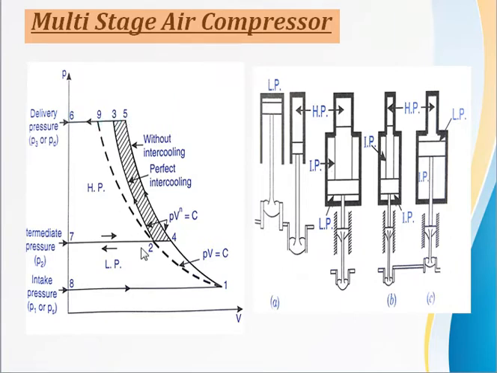Now here pressure 1 to 5 is not achieved in a single stage, but achieved in two stages, that is the LP cylinder and the HP cylinder. Now you can clearly see here, this is the low pressure cylinder and this is the high pressure cylinder. Two stages, and that is the reason why it is called multi-stage. Multi-stage means more than one stage.